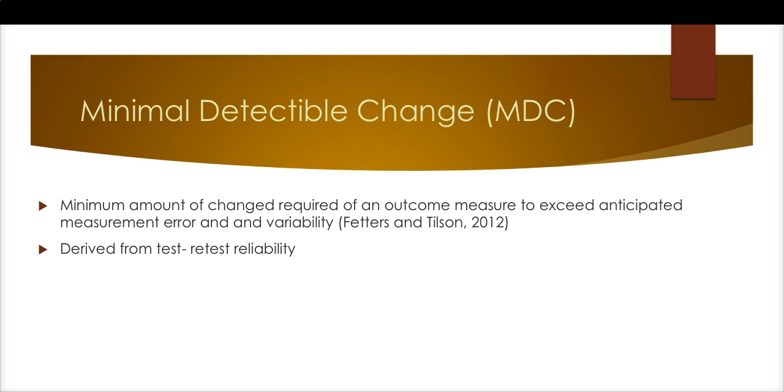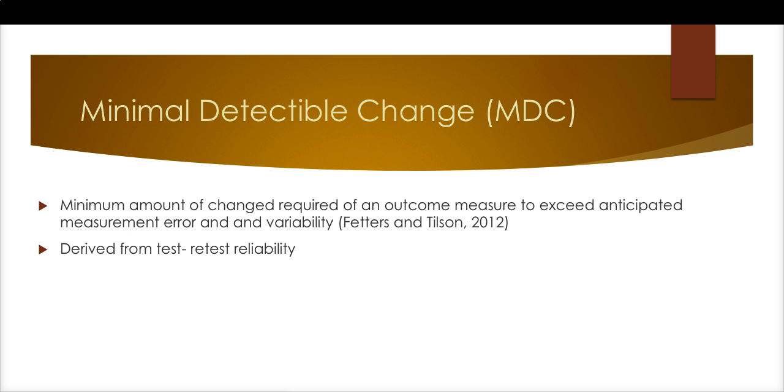These essentially are different types of clinical meaningfulness. So that's another reason why they're important. So back to this slide. MDC is the minimum amount of change required of an outcome measure to exceed anticipated measurement error and variability.